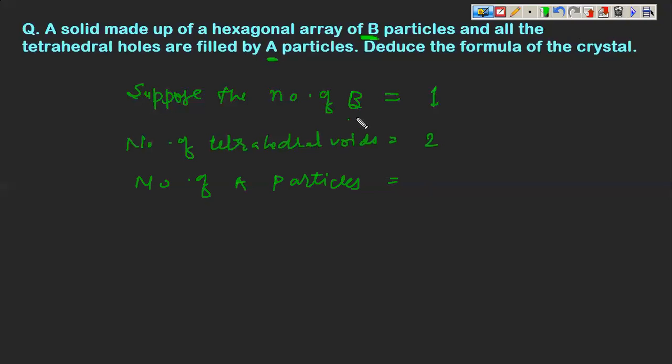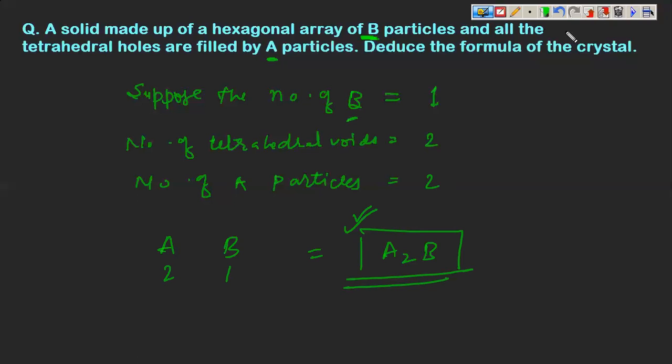We have to calculate the number of A particles now. All the A particles fill the tetrahedral voids. So if two tetrahedral voids are there, the A particles will be 2. The formula will be A and B. We have supposed the B particle as 1, so automatically the A particle will be 2. The formula of the compound will be A2B.